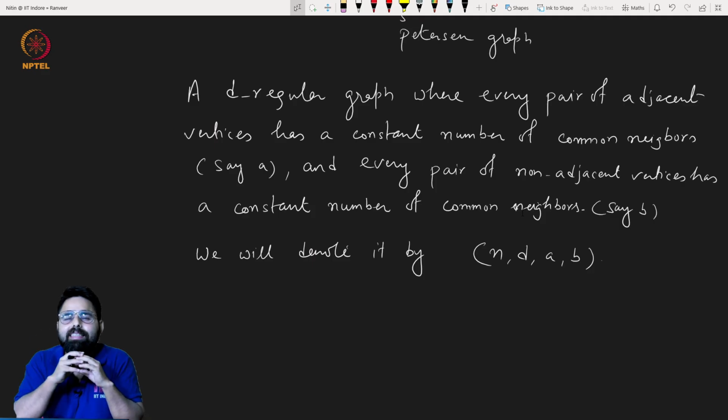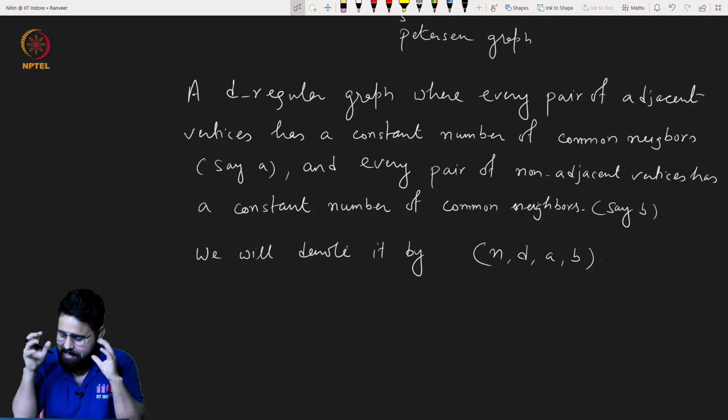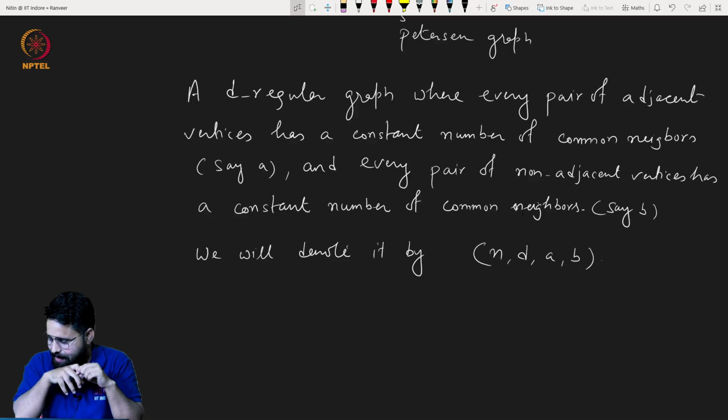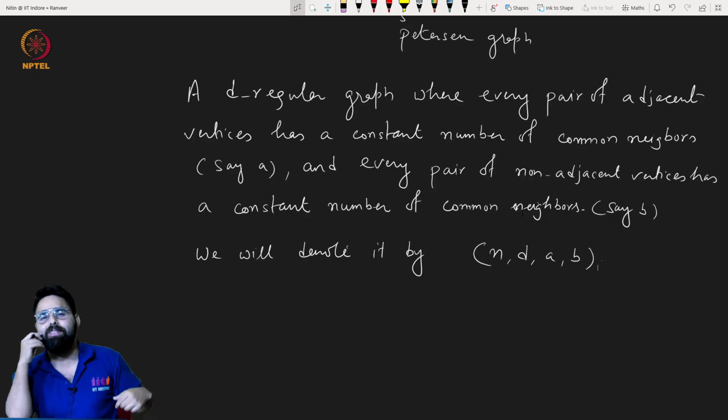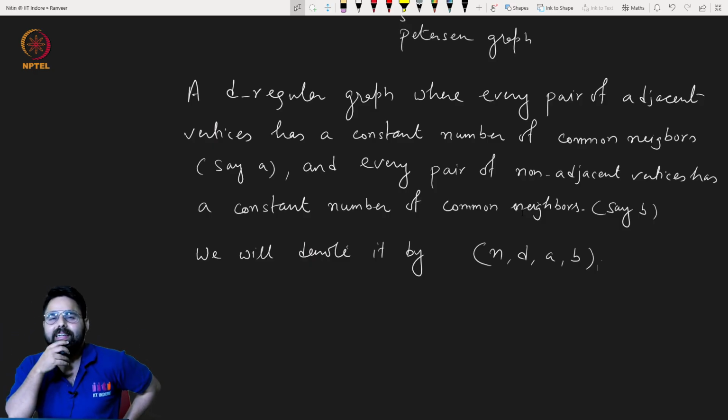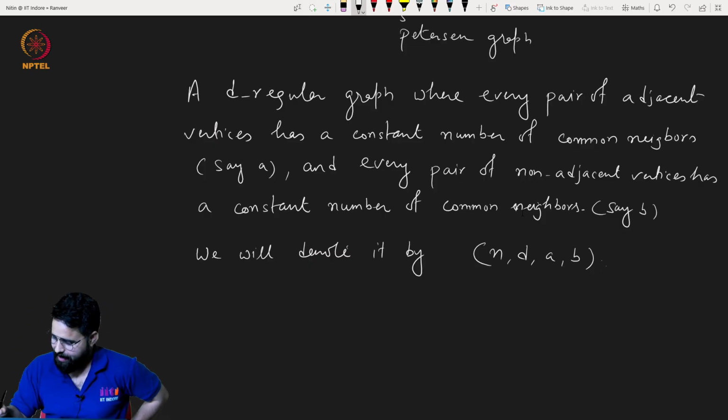We will shortly see that strongly regular graphs display very nice, beautiful properties of eigenvalues. In fact, by eigenvalues we can determine whether a graph is strongly regular or not, given that it is regular. So let us move to find the eigenvalues.